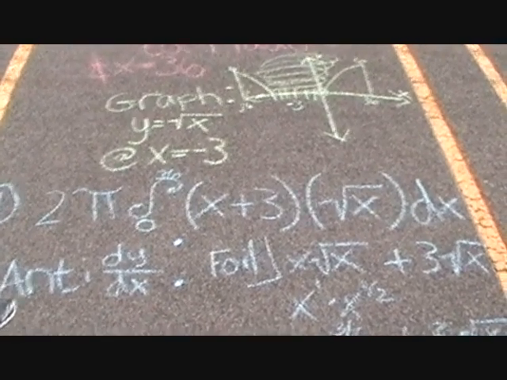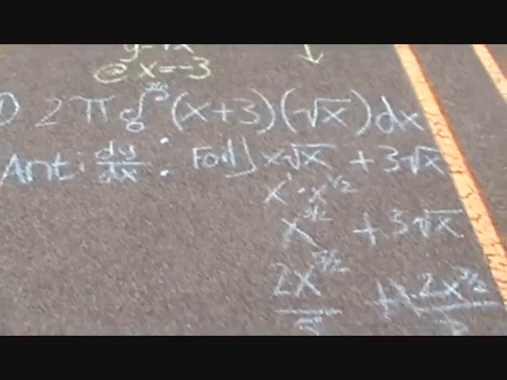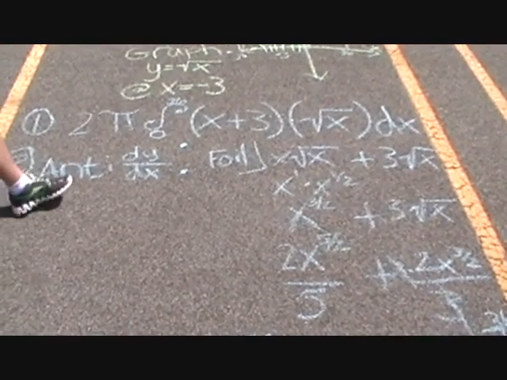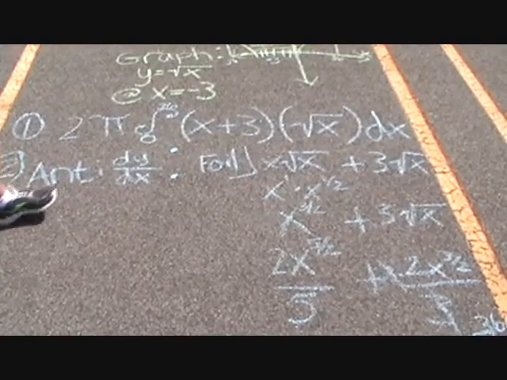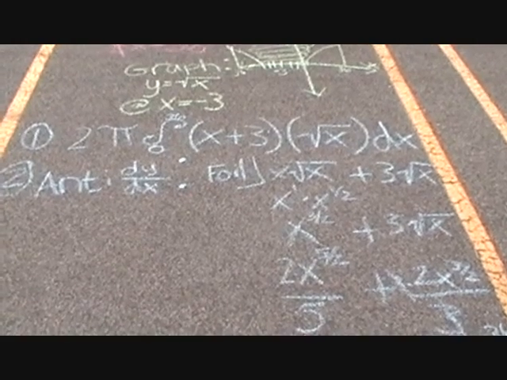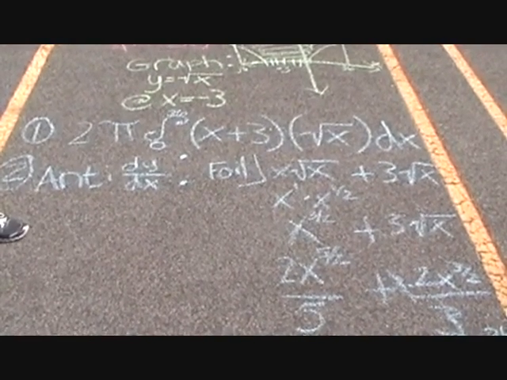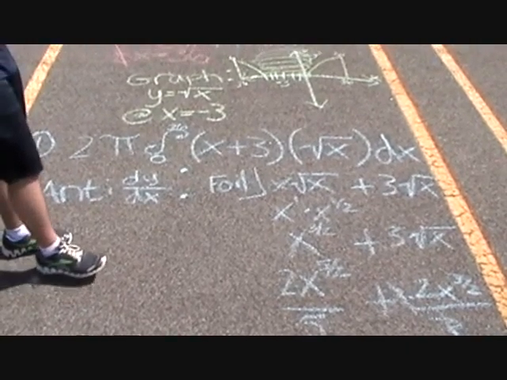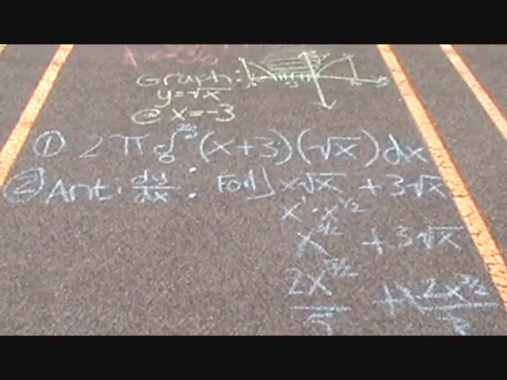Now, since we revolved around the line x equals -3, we're going to have the function x plus 3. Once again, that x is just representative because it's mirroring the y-axis, and with the shell method, you need to use everything with x. So since it's -3, it would be x minus -3 or x plus 3.